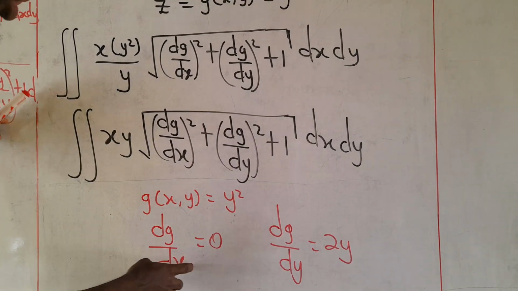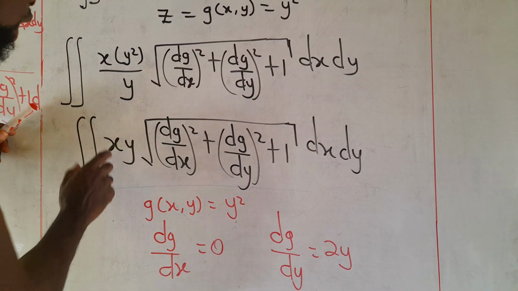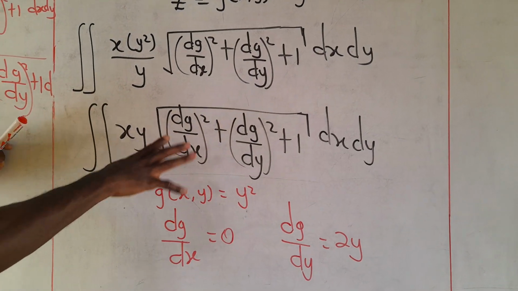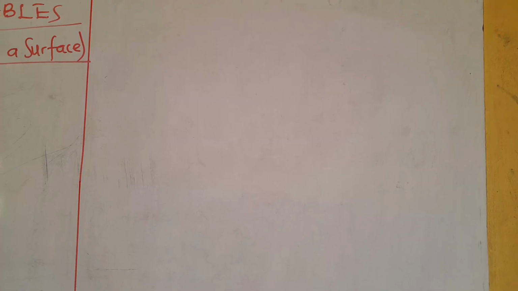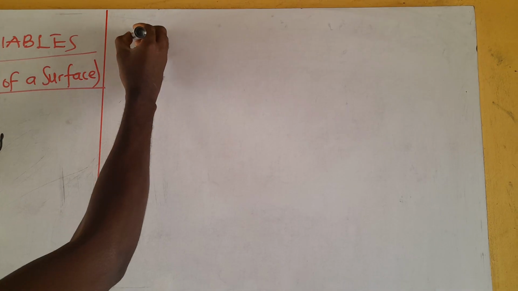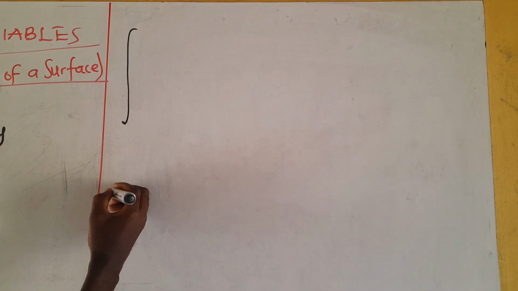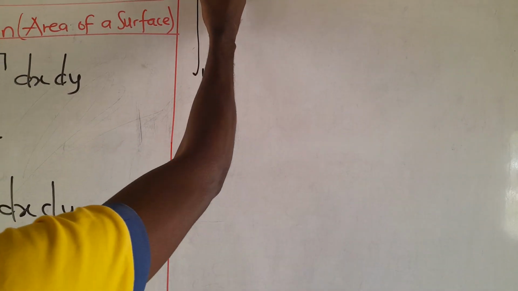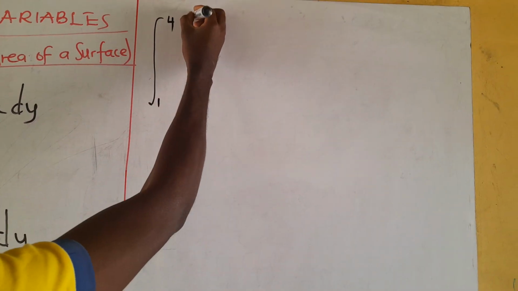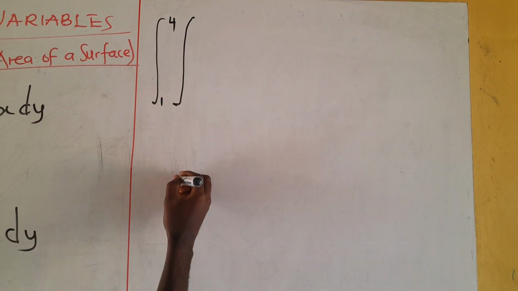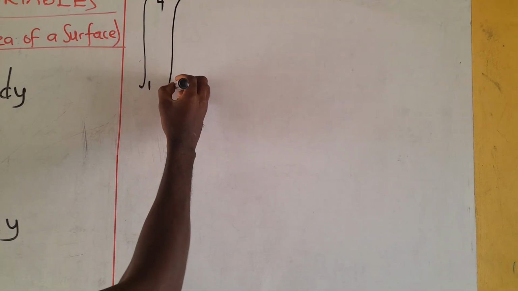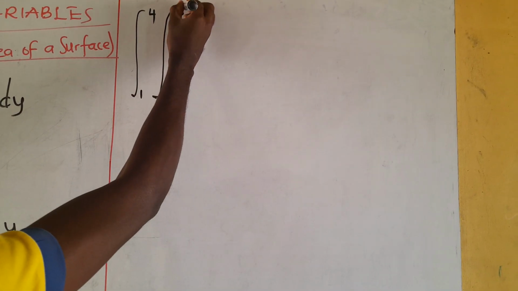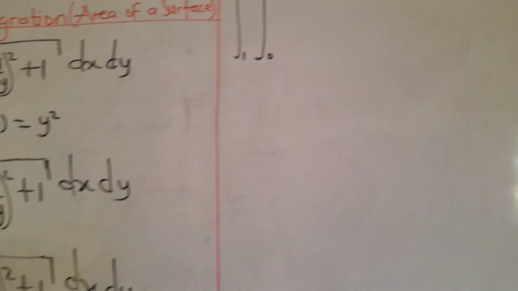So now, since we know this, and we know the limiting points for x and y too, we substitute. So we have the integral, the limiting points for the y first, since the dy is last. So 1 to 4, then the integral, the limiting points for the x, which is 0 to 5, of xy.